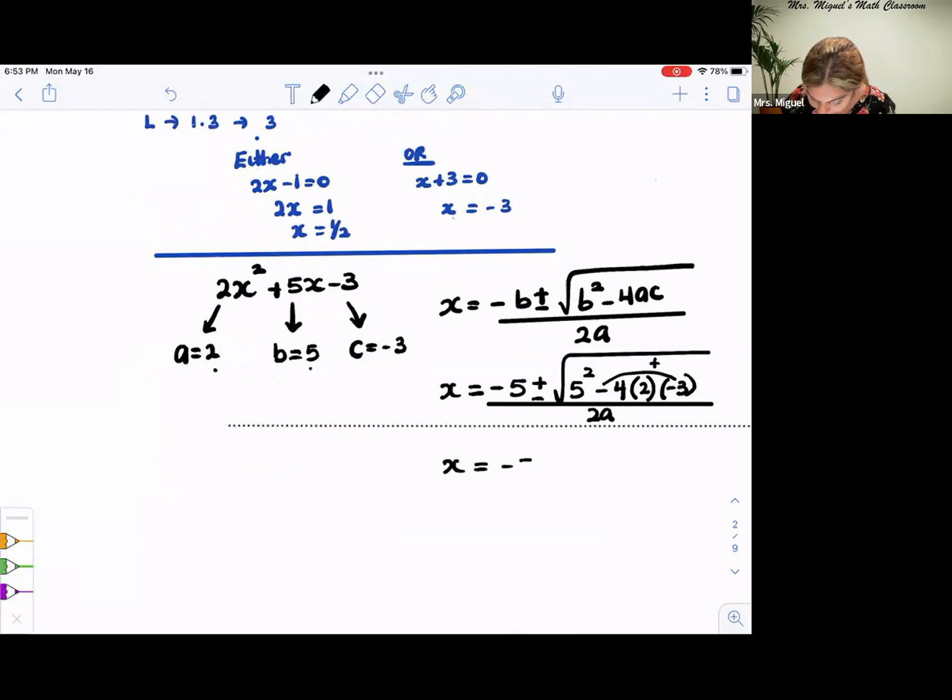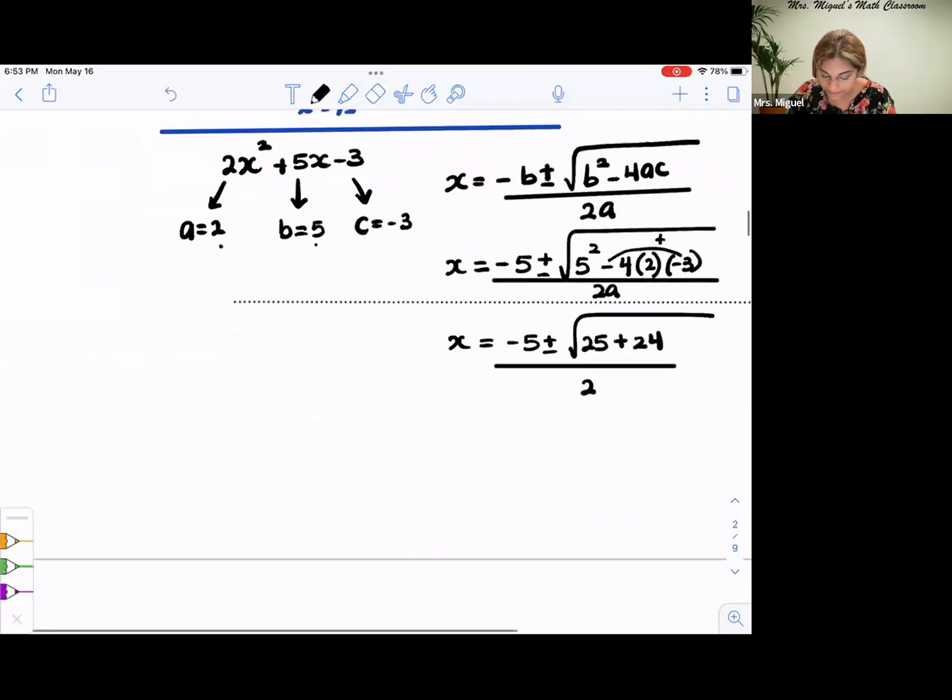So x is -5 plus or minus the square root of 5 squared, 25, plus 4 multiplied by 2 multiplied by 3, which is 24. 24 plus 25 is 49. So watch how my answer becomes easy now. -5 plus or minus the square root of 49 over 2.